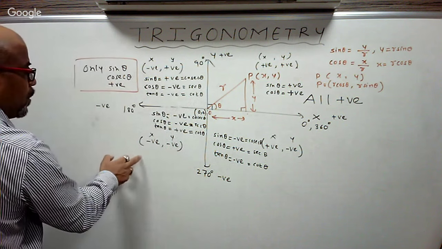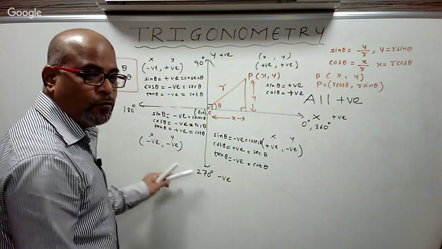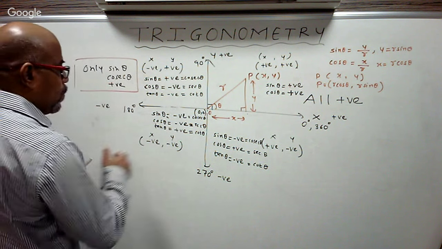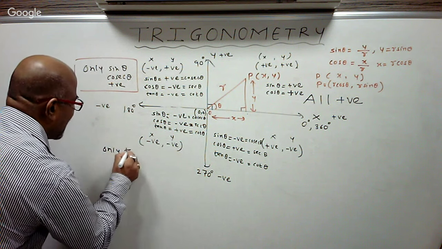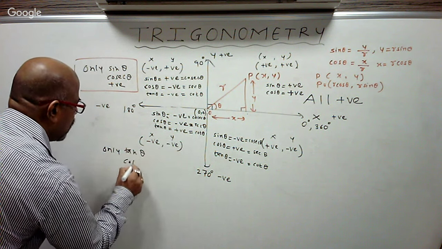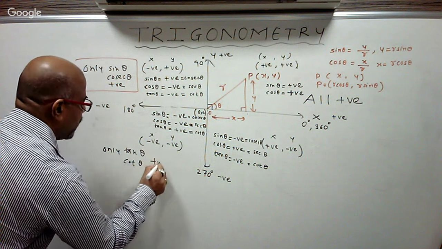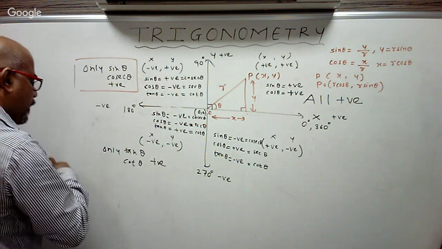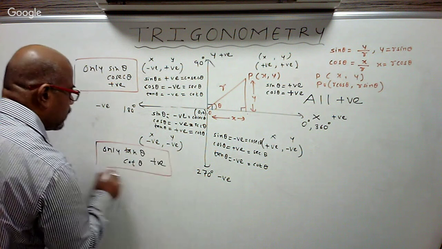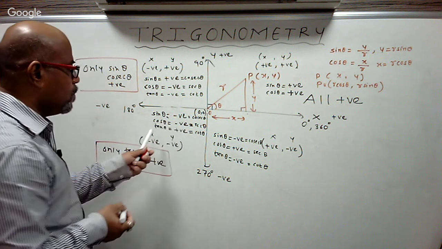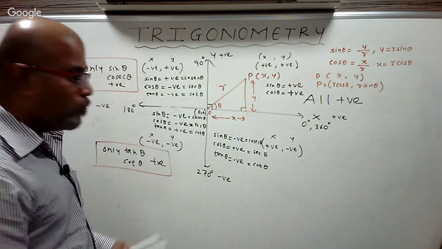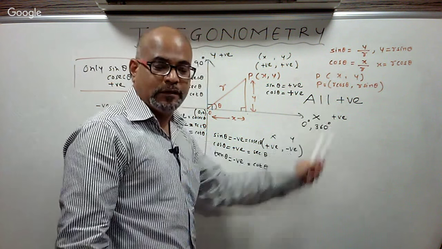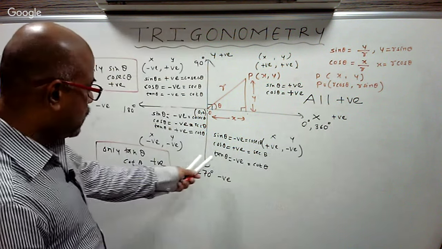Then if you move to the third quadrant, between 180 to 270 degrees, what do we get? Only tan theta and cot theta are positive. The remaining are negative: sine, cosec, cos and sec. Move further, 270 to 360. What do we observe here?